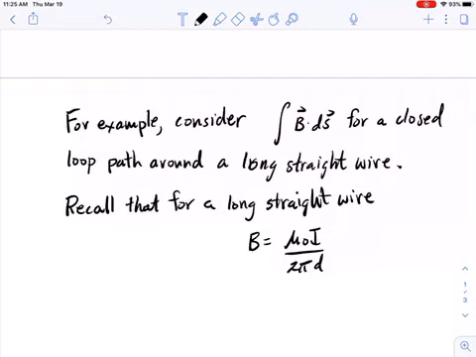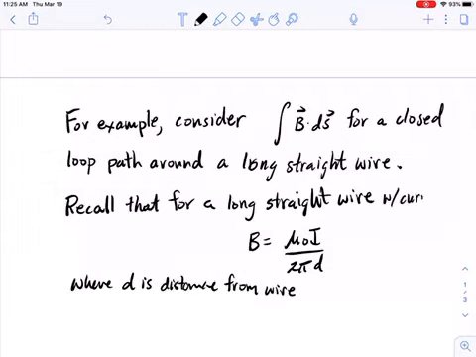That was the magnitude of the magnetic field, and we know that it has a direction that encircles the long straight wire, where d is the distance from the wire. This is a long straight wire with current I.